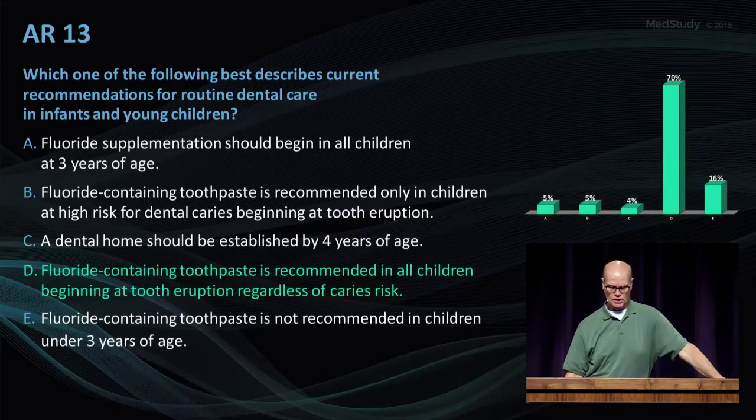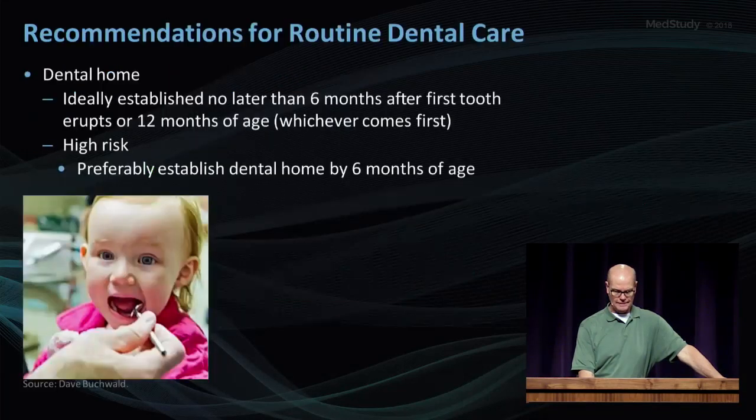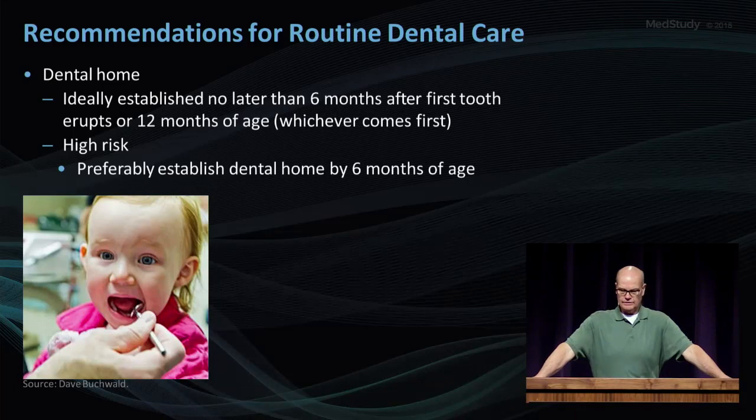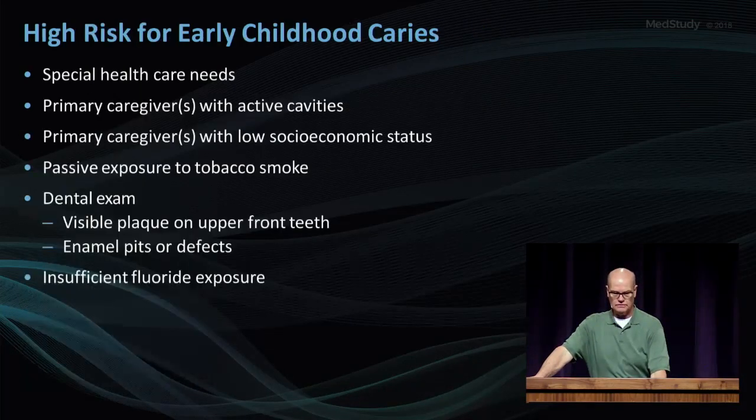Okay, so let's go through the current recommendations for fluoride. A dental home, ideally no later than 6 months after the first tooth erupts or 12 months of age. That's your board answer. Again, that's not necessarily real world, but for your boards, those are the recommendations, and for high risk, preferably by 6 months of age.